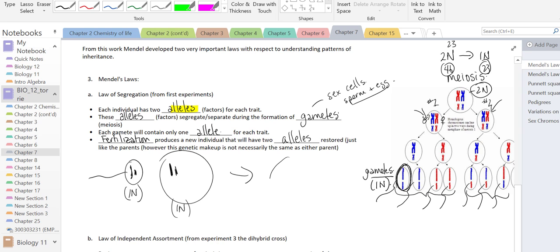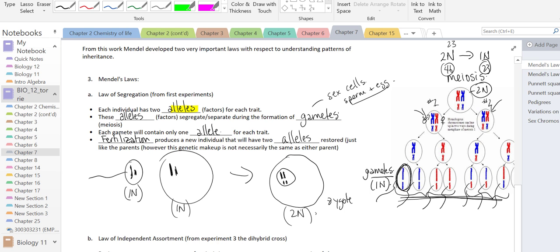And so we now produce the zygote through fertilization, in which you will have two of each chromosome restored and the diploid number restored. However, the genetic makeup is not necessarily the same as the parent based on the various types of alleles that can be produced.